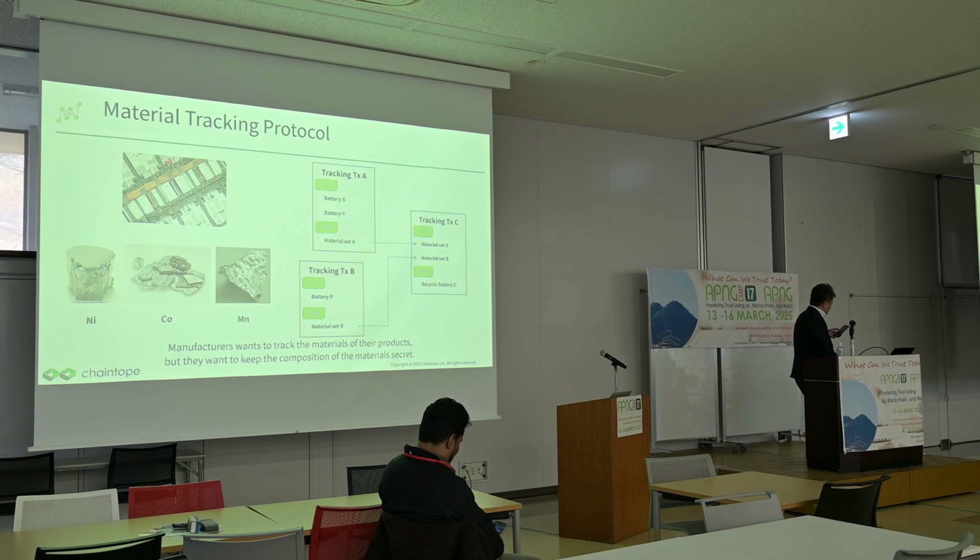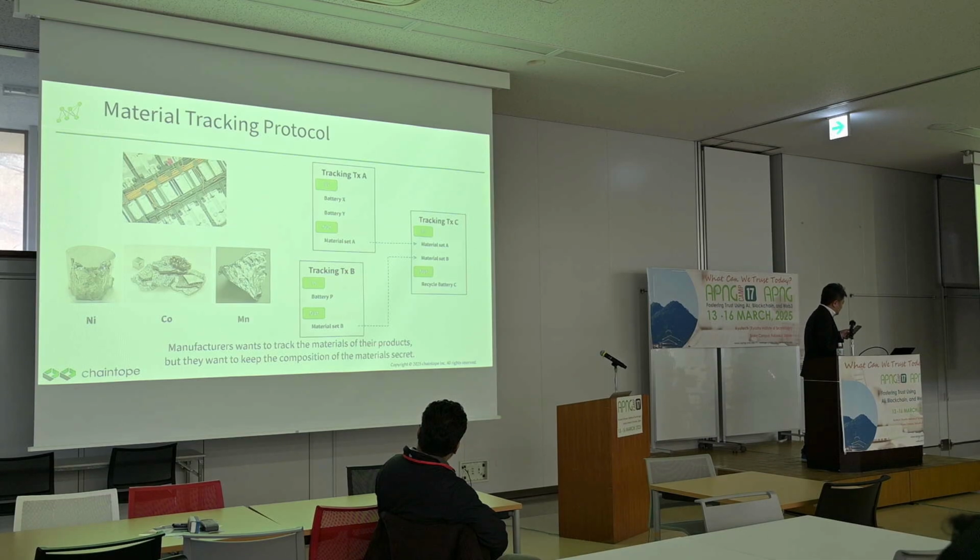In tracking transaction A, use batteries X and Y and extract material set A. The materials to be recycled include cobalt, manganese, and nickel. In tracking transaction B, use battery P and extract material set B. In tracking transaction C, use the 2 material sets A and B, then create the recycled battery C.